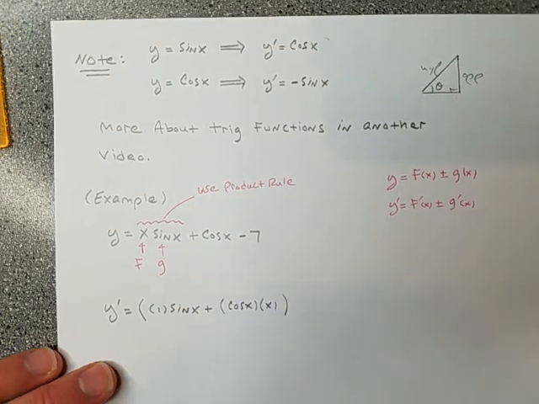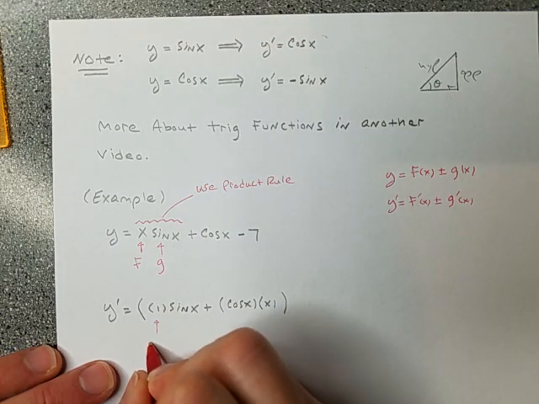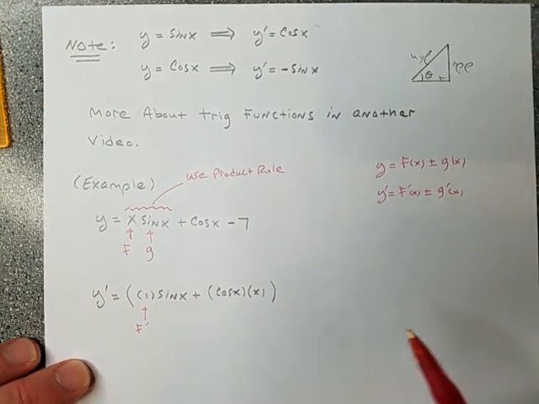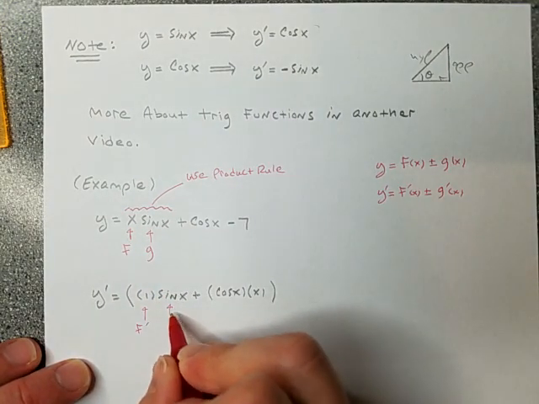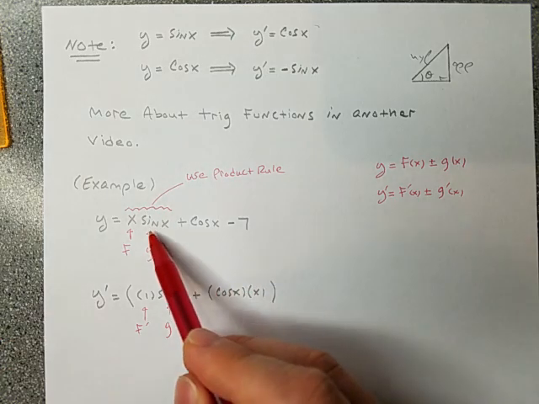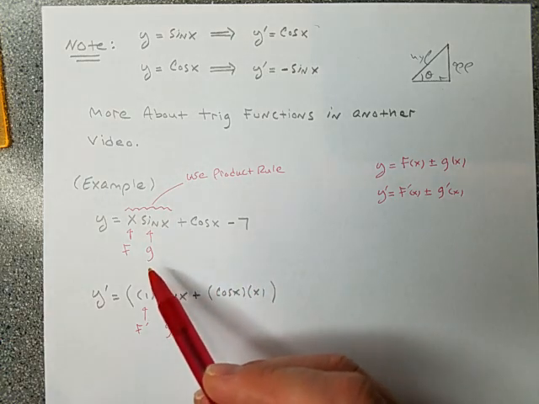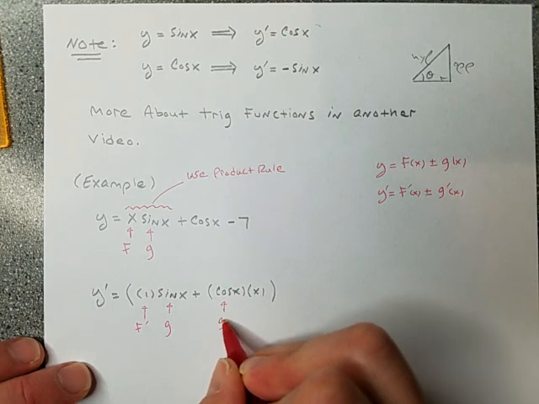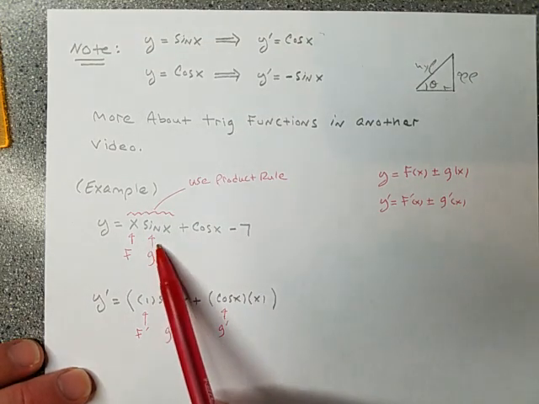Can you agree with that? F prime. What's the derivative of x? It's 1. Times g. Well, g was sine x in my setup when I was going to use the product rule. And then g prime. What's the derivative of sine?